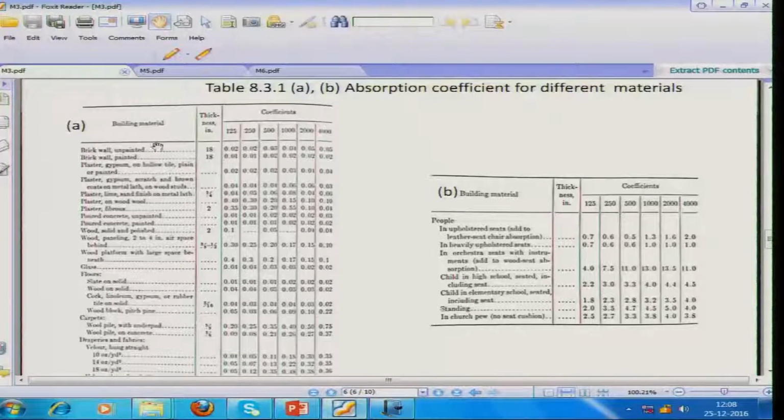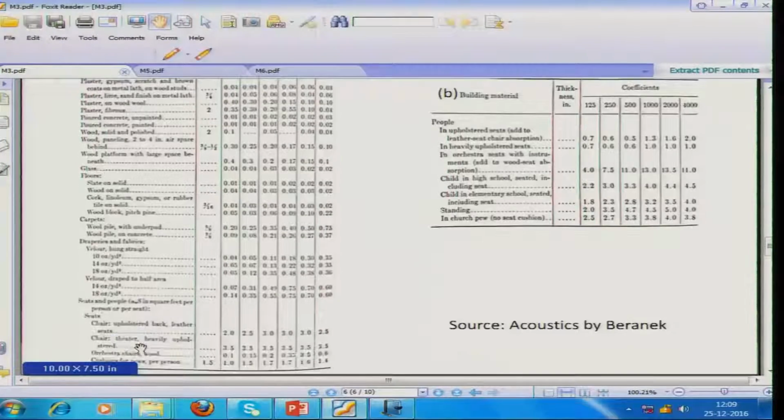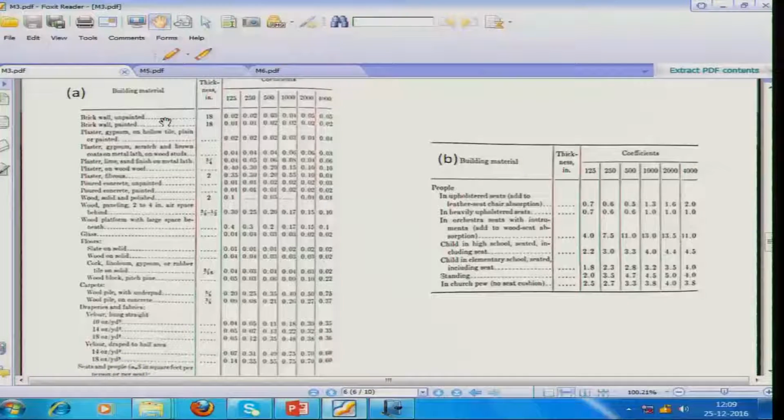So, in this table you have a list of all sorts of materials: brick wall, painted brick wall, unpainted brick wall, plaster, and different types of plaster: gypsum based plaster, lime based plaster, plaster on wood wool, fibrous plaster, concrete, wood, glass, floor, cork, carpet, draperies, that is curtains, and so on and so forth.